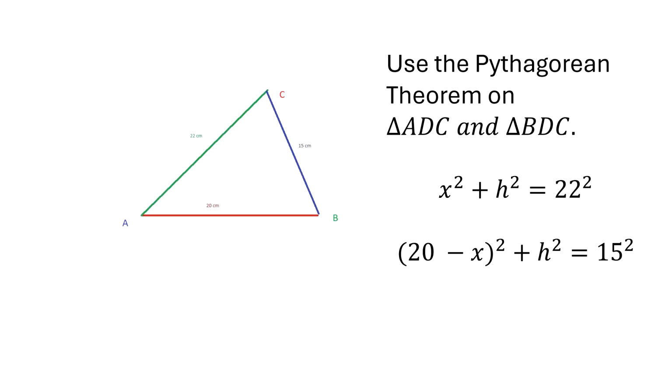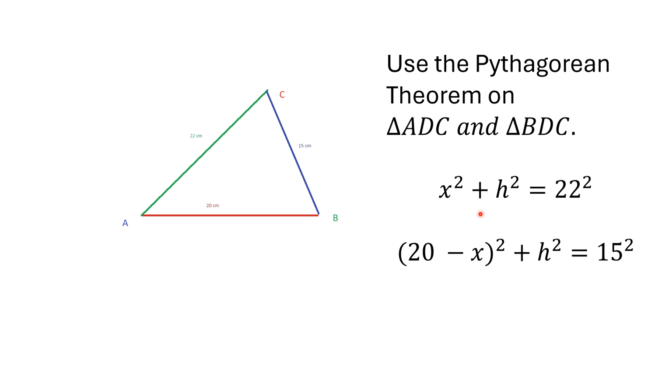And so here we put our numbers in, and our base is going to be 20 centimeters. These two numbers, 22 centimeters and 15 centimeters, are going to become the hypotenuse of triangle ADC and the hypotenuse of BDC. But that's coming. So right now we're going to write, using the Pythagorean theorem, this side, if you recall, I called x.